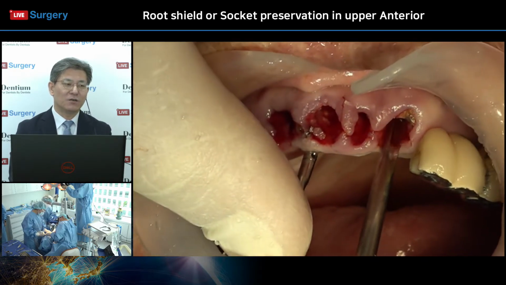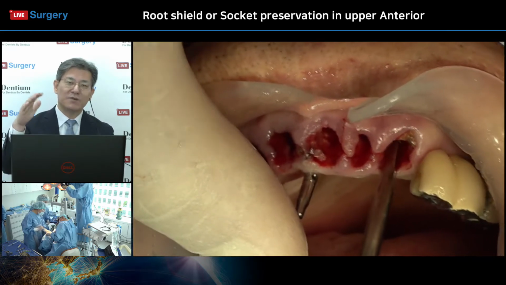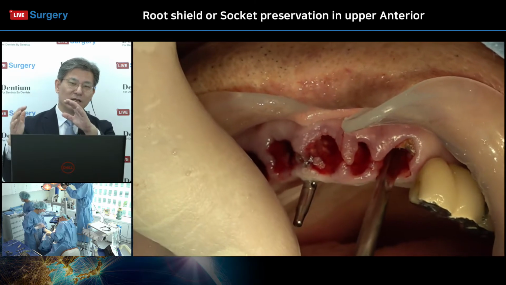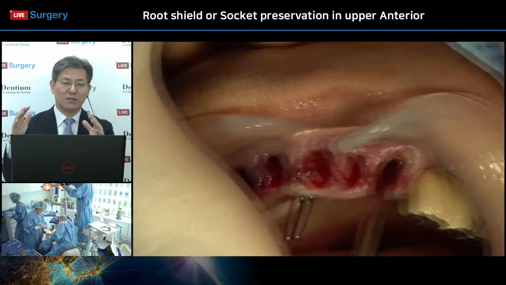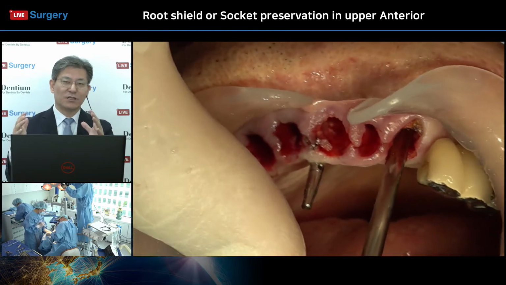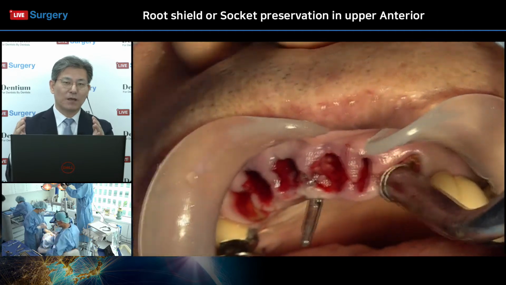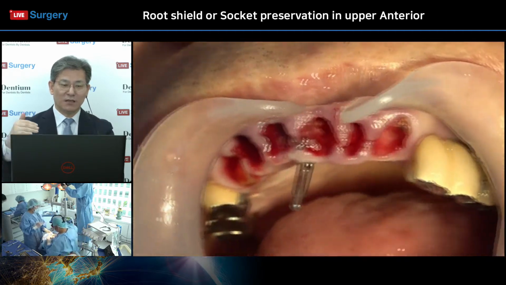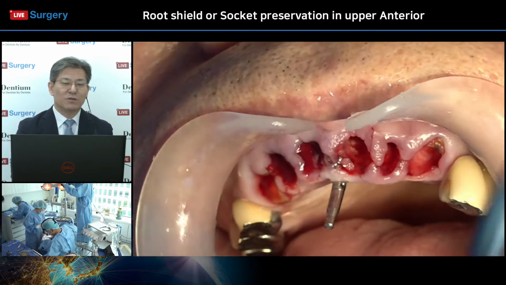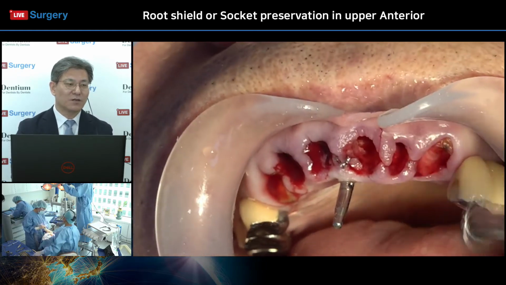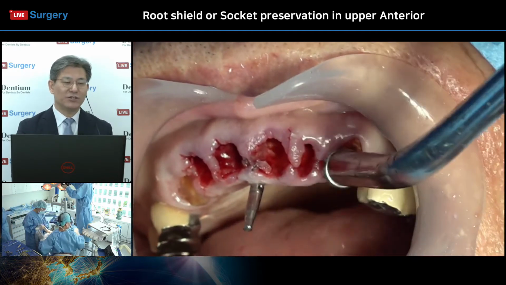Another type is the half C, with the proximal, both the mesial and distal, like this one. The two parts of the shield is a modified root shield technique. And finally, the parallel root shield is also applied. So there are many different categories of this socket shield technique.